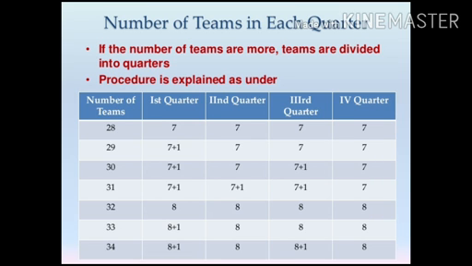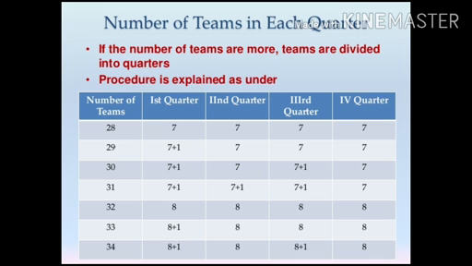If the remainder is 1, the first quarter will comprise 1 extra team, whereas the remaining quarters will have an equal number of teams. I will repeat once again.